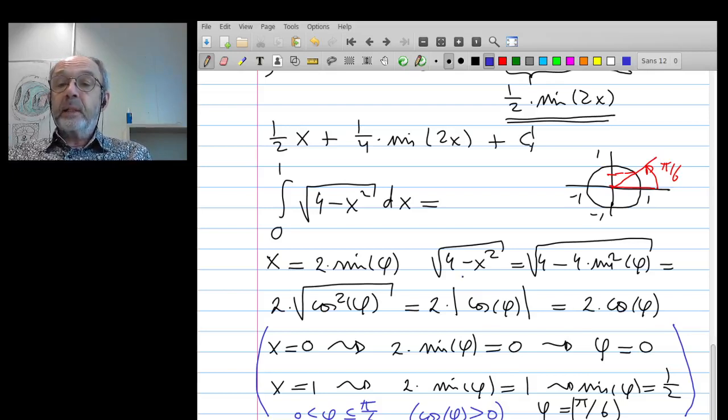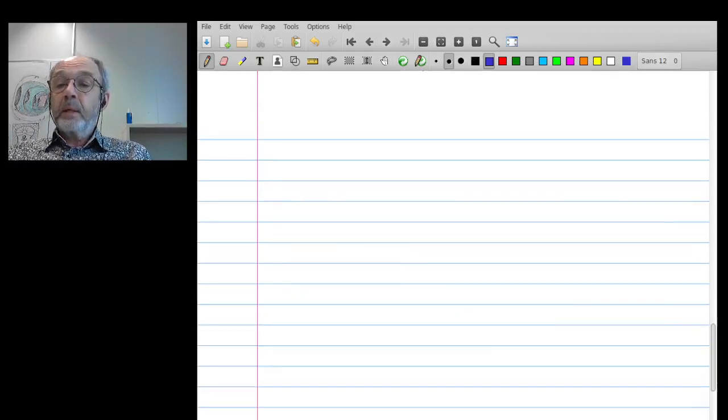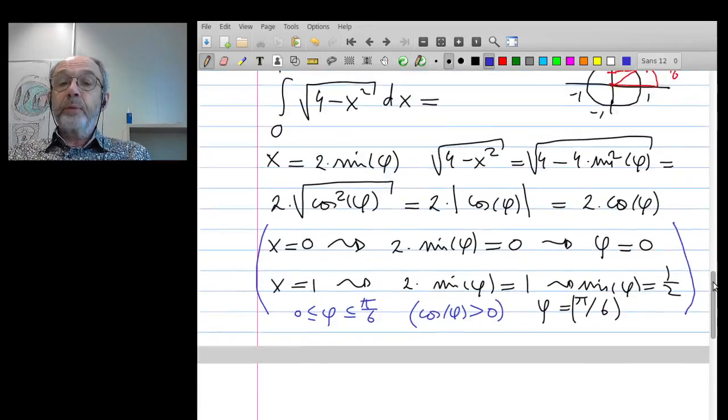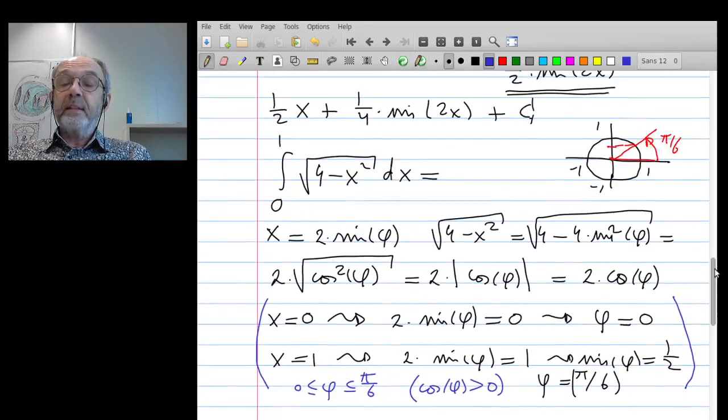Okay, so we have now rewritten the square root of 4 minus x squared as 2 times the cosine of phi. And then we want to substitute, so I also have to calculate the dx term.